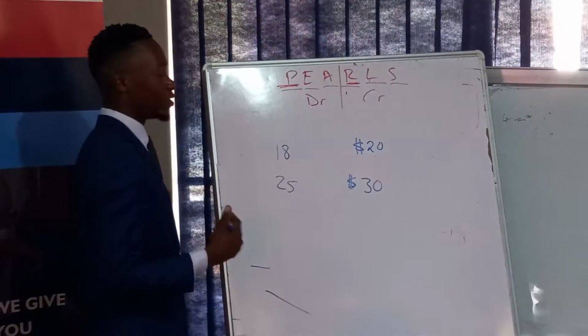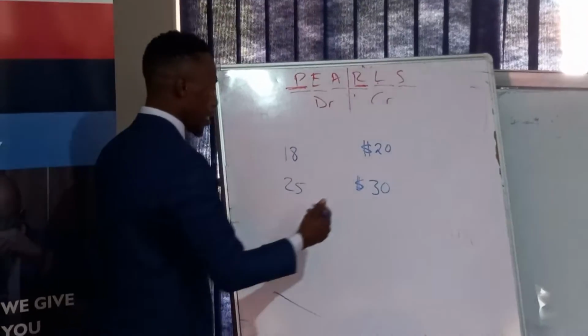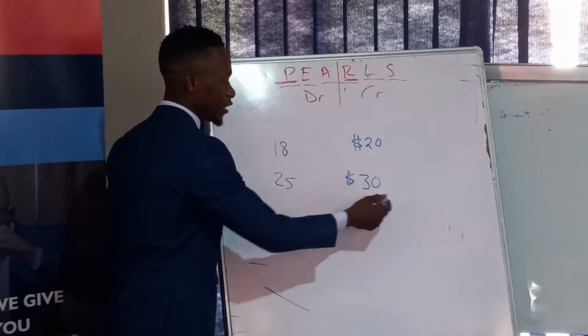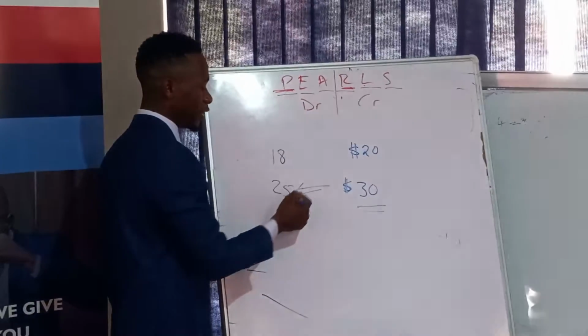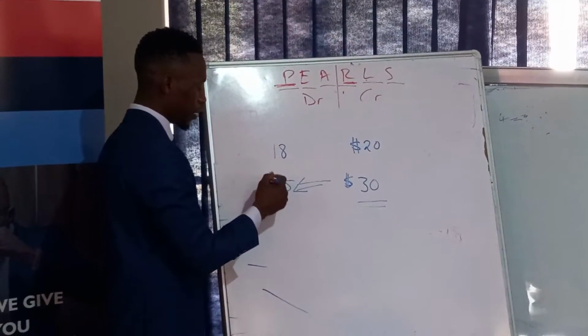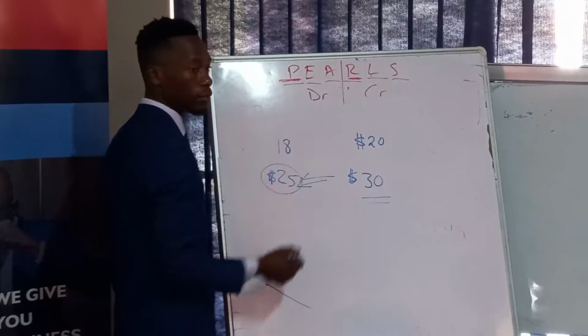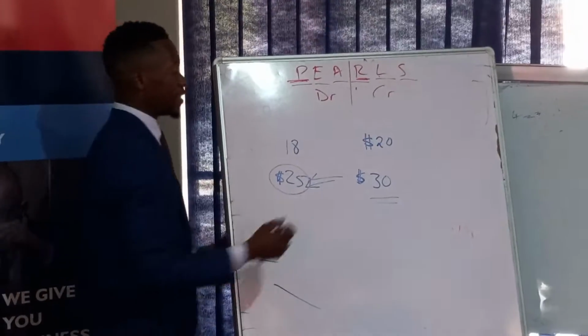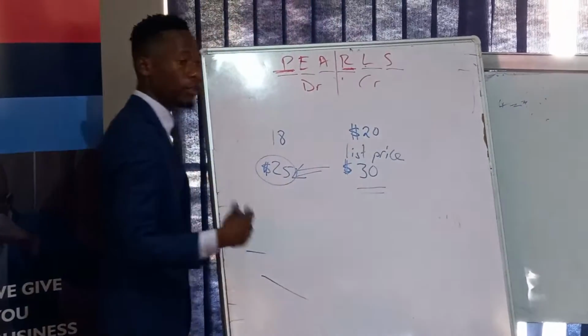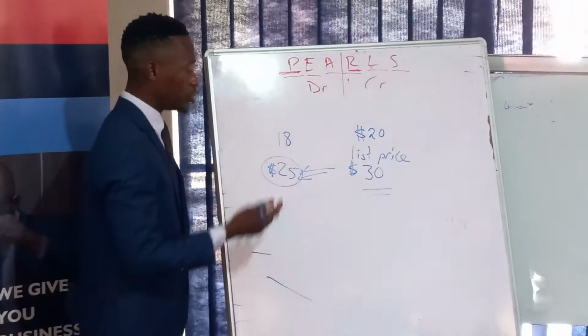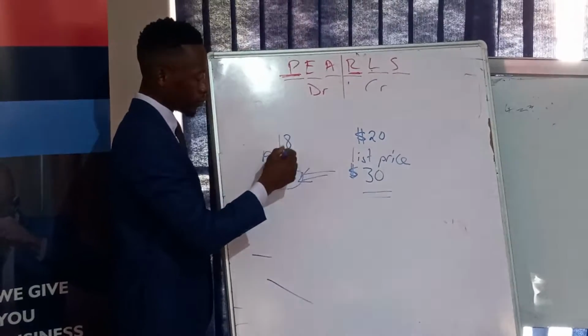So, guys, are you seeing this? If someone is selling the product at 30, then you actually paid how much? 25. This is the list price, you follow. The price of the product was 30, but you actually paid 25.